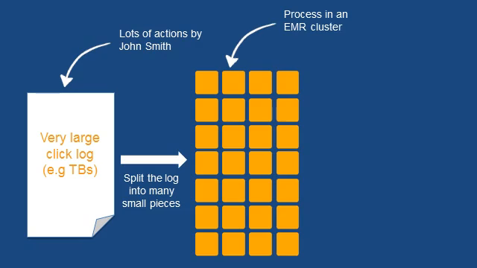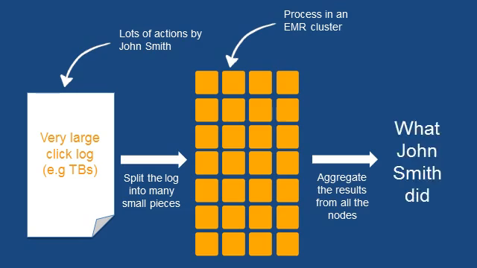Those small pieces will then be distributed to the nodes that you have available to them and processed, and then Hadoop will aggregate those results back together from all of those nodes, and you can use that obviously to work out precisely what John Smith or some other individual did in the course of their interactions with your website or your application or whatever it is you happen to be logging.